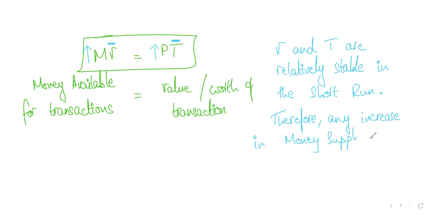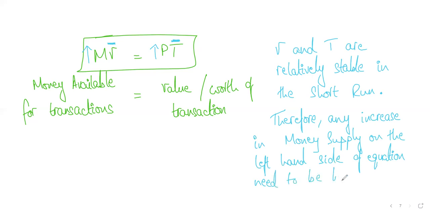Any increase in money supply on the left-hand side of the equation needs to be balanced by an increase in price level on the right-hand side.